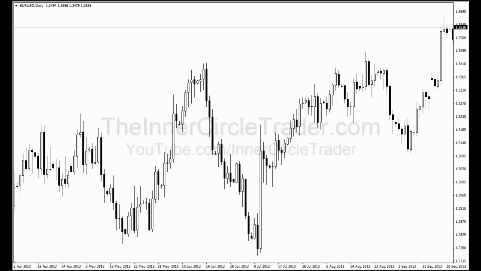And it goes without saying that if a currency is undervalued and for whatever reason the large institution seems to believe that it's undervalued and it's going to appreciate in value, without doubt they will try to accumulate that currency.